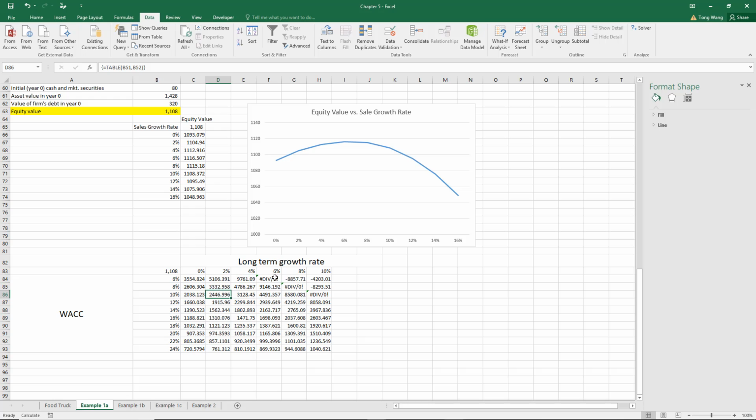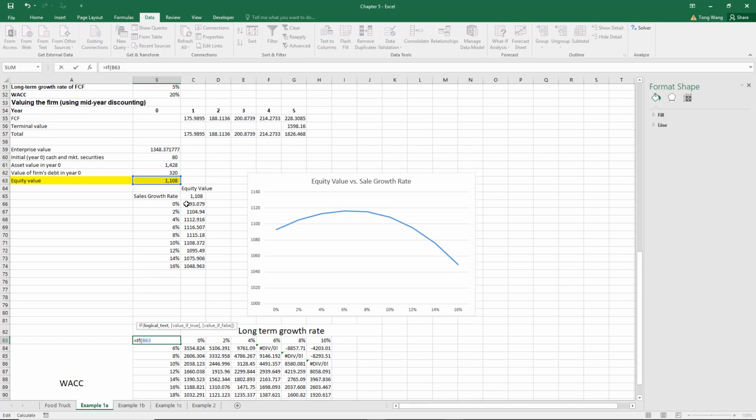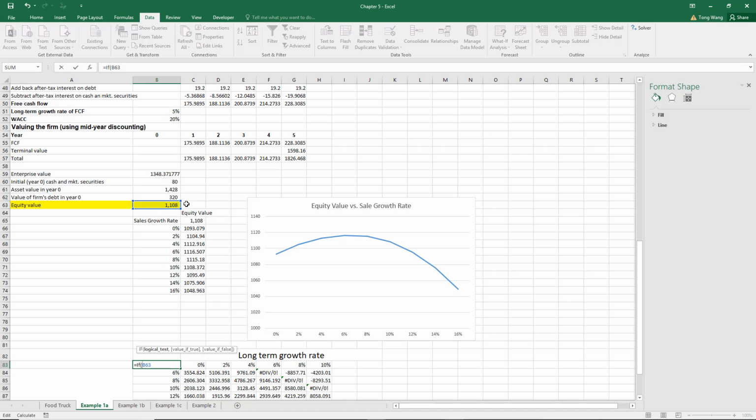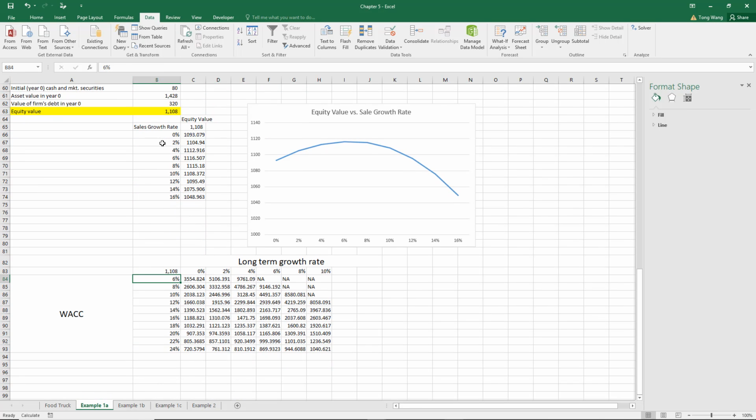Again, as usual, we see some number that doesn't make sense here. It's because the condition for the Gordon model is violated. Again, we discussed how to deal with that in chapter 4. So I'm going to use the if statement. Okay. So this will be a two-way sensitivity analysis.